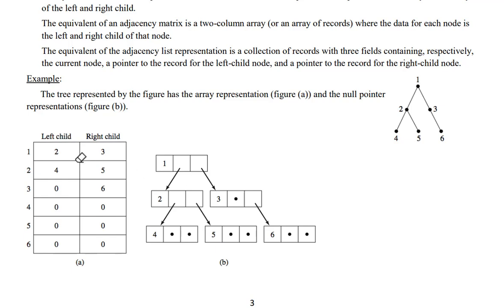And respectively, we could say that here are the nodes. We have 6 nodes, 1, 2, 3, 4 to 6. And so node 1, who's the left child and the right child, and so on. So this is one way of representing a binary tree.